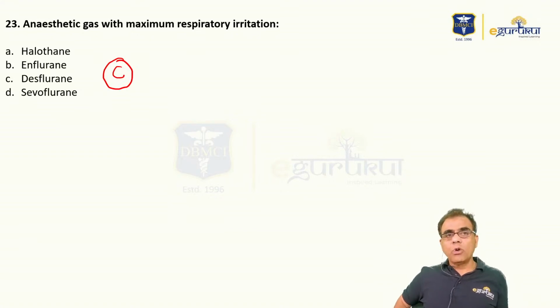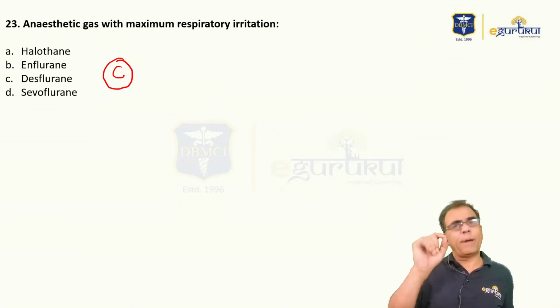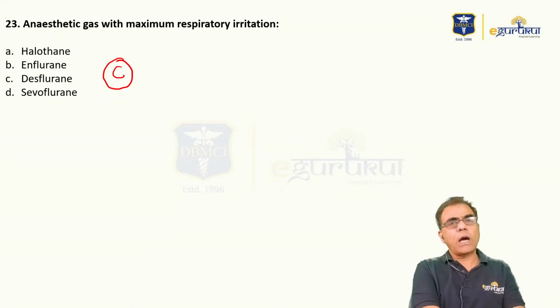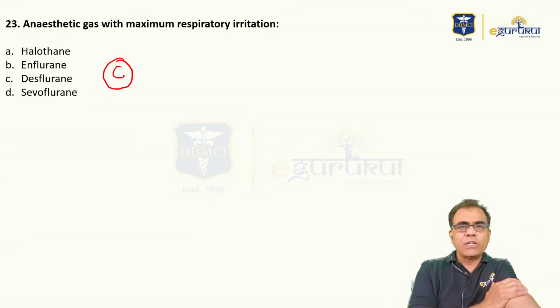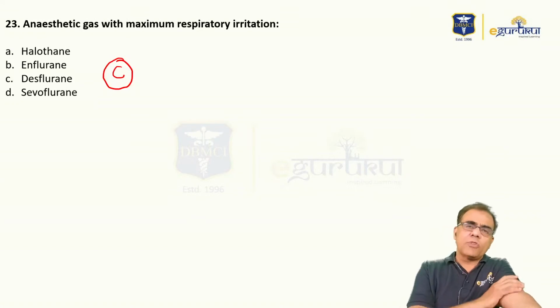For adult patients we normally induce with IV. For pediatric patients also we prefer IV induction, but very often the child will come to us without an IV cannula. In that case, we have to induce the child directly with inhalation induction, and the inhalation agent of choice is sevoflurane.